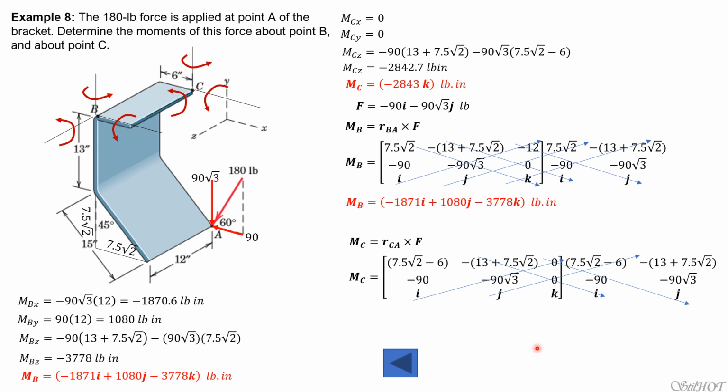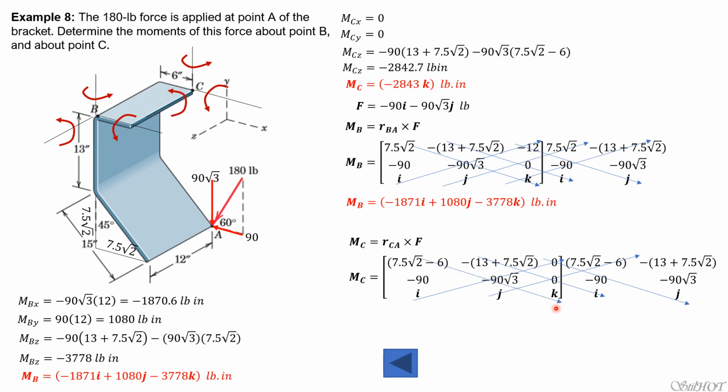And finally, for the k component of moment about C, we have here negative 90 square root of 3 times this moment arm. Can we see that? Negative 90 times square root of 3 times this moment arm, which is this. It's the same. And negative.